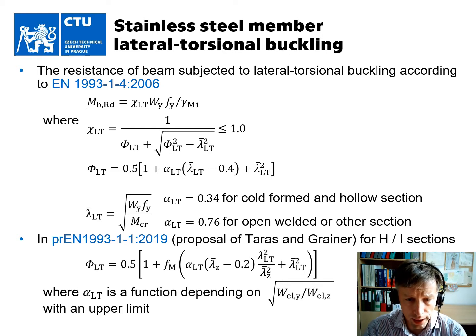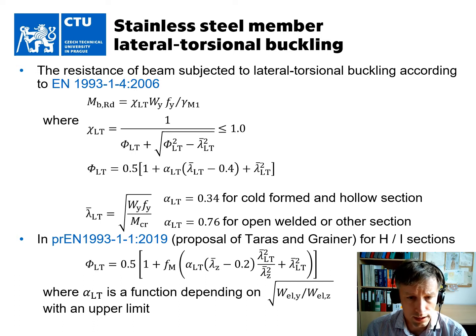There are only two curves, two imperfection factors, 0.34 for cold formed and hollow sections and 0.76 for open welded and other sections. We have made also a comparison to the proposal of Taras and Greiner for H and I sections.